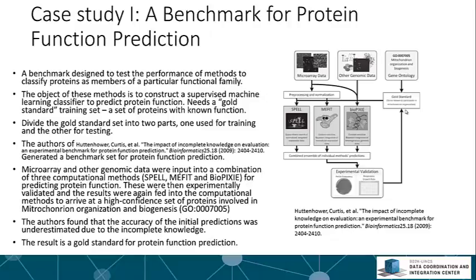Interestingly, the authors of this paper noticed that their initial predictions of protein function were actually better than they first seemed, because there was an incomplete knowledge of the ground truth. So they were initially recovering protein functions which they didn't know were correct.